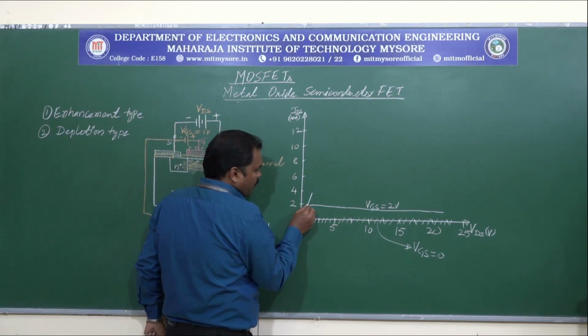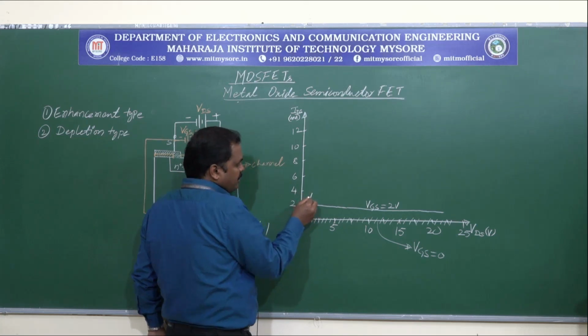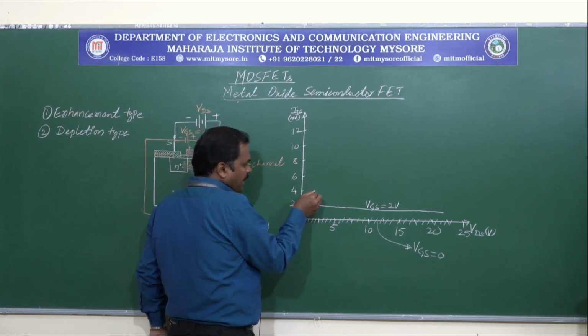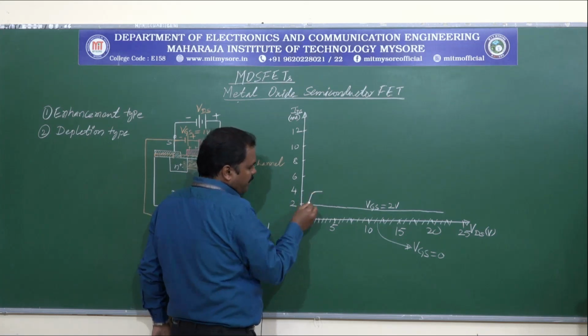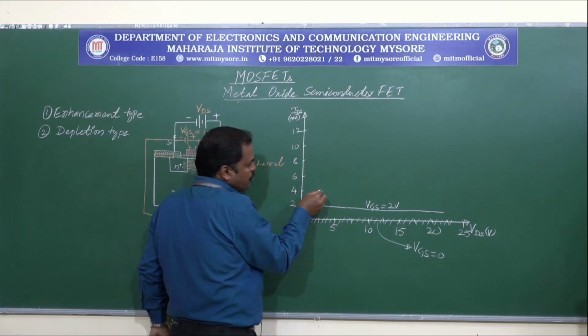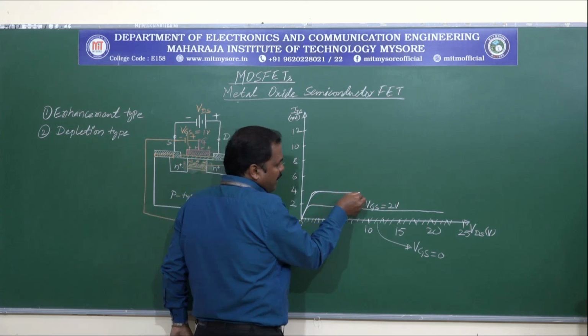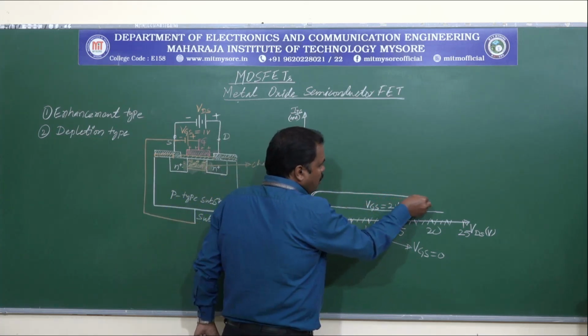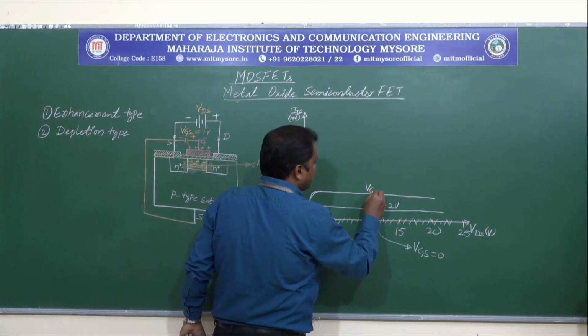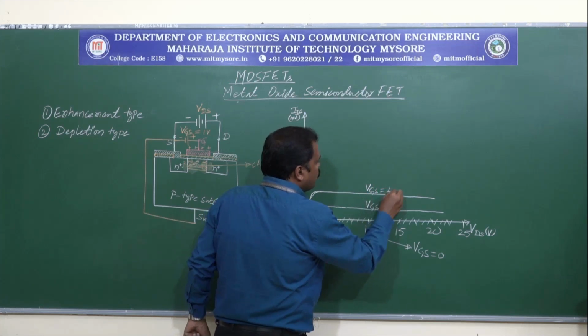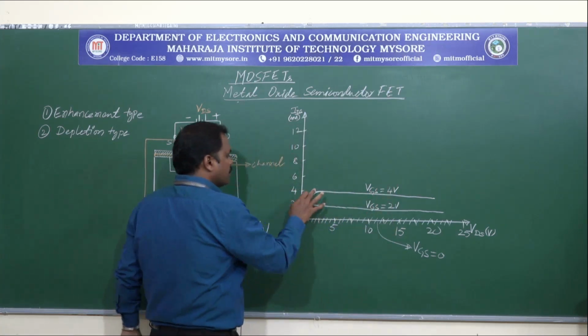So this is what I am showing: more the VGS, more the conductivity, more the current, and again at some particular point the device is going to be saturated and the current is going to be constant like this. So let us say this is for VGS equals to 4 volts.